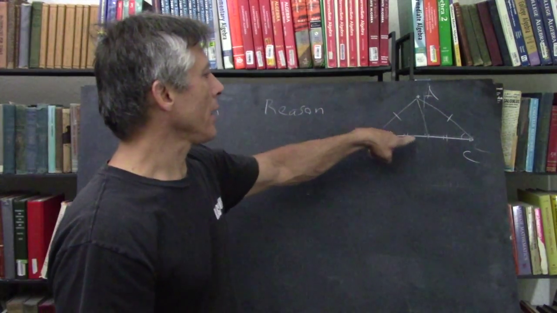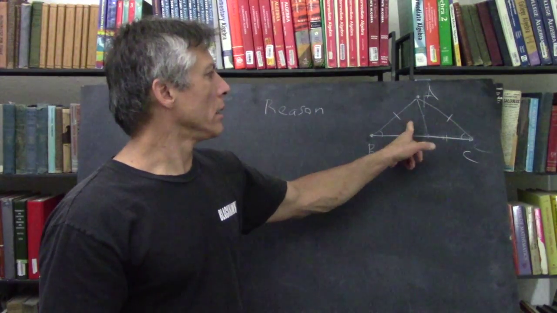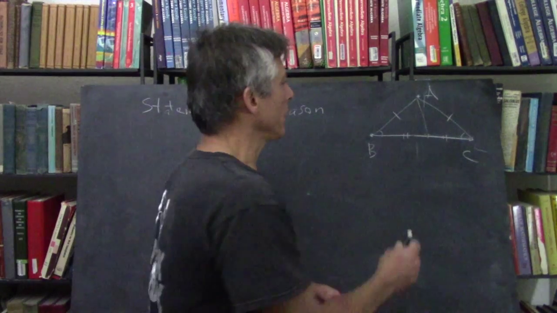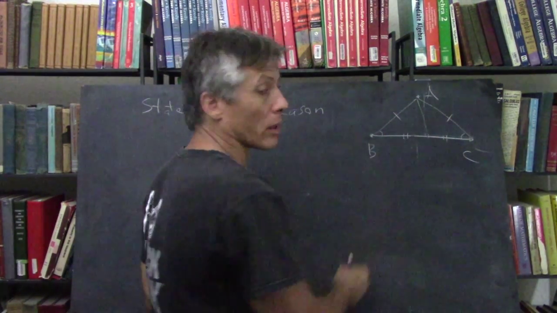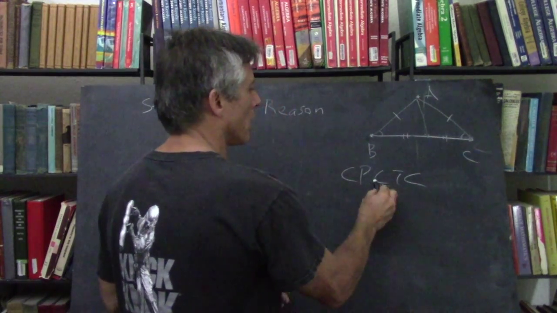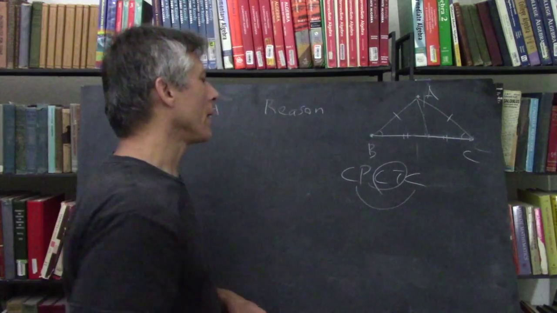But then by side angle side, these two triangles would be congruent. And that means that all the parts of the triangle are congruent. Remember CPCTC? When triangles are congruent, corresponding parts are congruent.